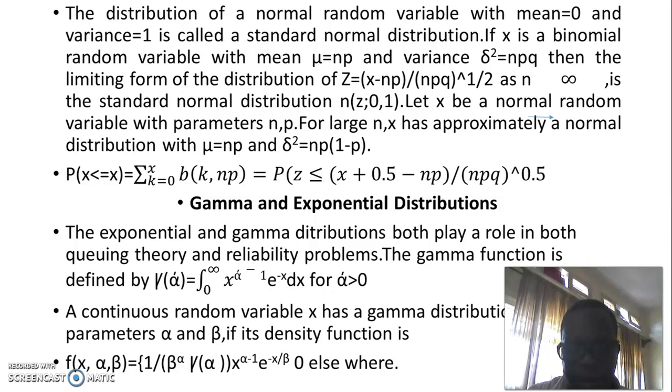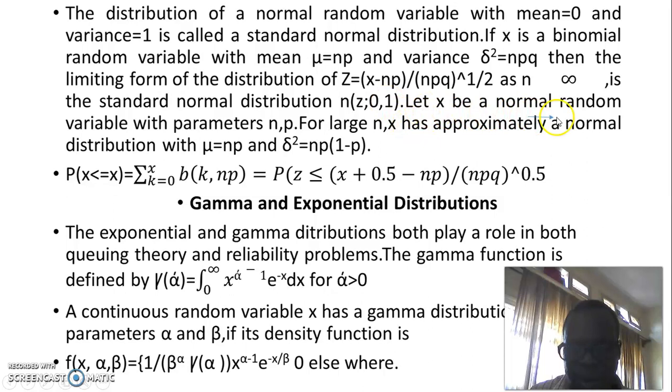So if x is a binomial random variable with mean mu equal to np and variance sigma squared equal to npq, then the limiting form of the distribution z is x minus mu, which is np, divided by the standard deviation, which is the square root of the variance, npq raised to power 0.5. As n becomes big, this is a standard normal distribution with mean 0 and variance equal to 1.